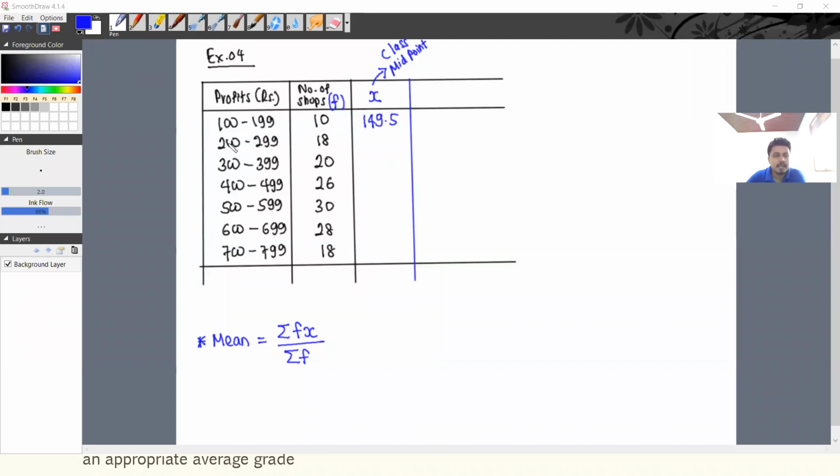Right. So in the second class interval, what should be the x value? Madhusha, what should be the x value here?